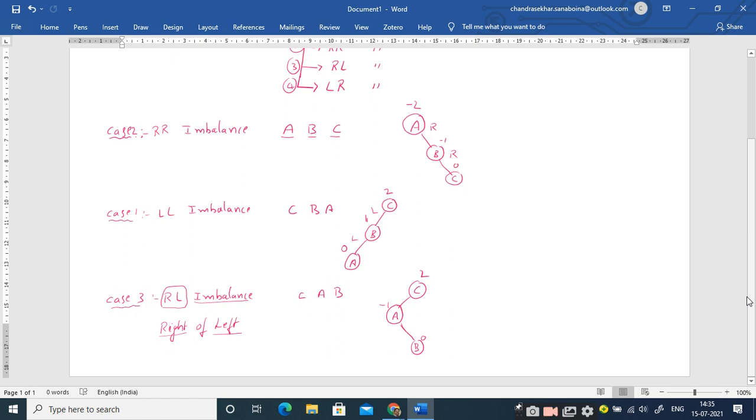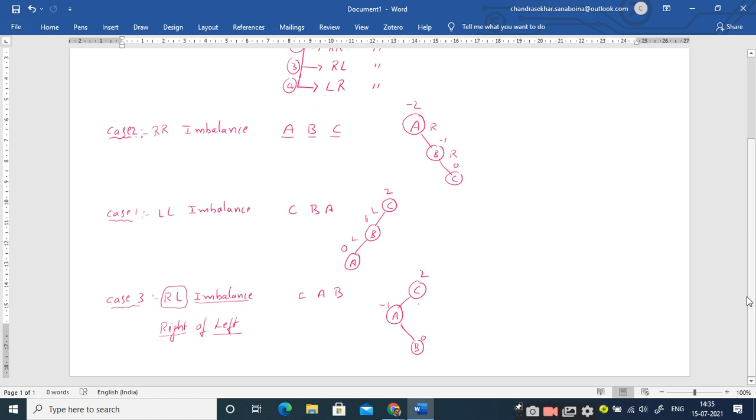So this particular imbalance at C has happened. Why? Because I have inserted a right child to the left child of C, right? So that is the reason why you have to call it a right of left imbalance. Don't get confused.